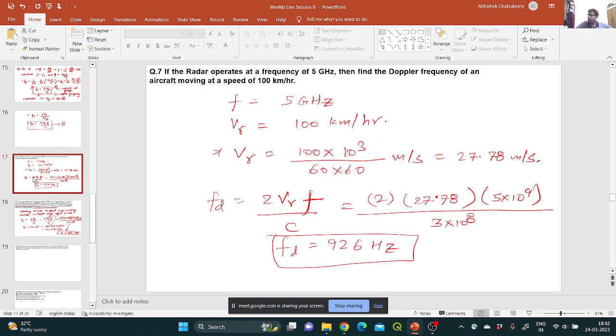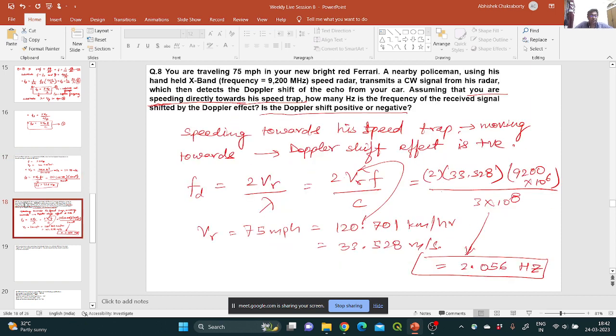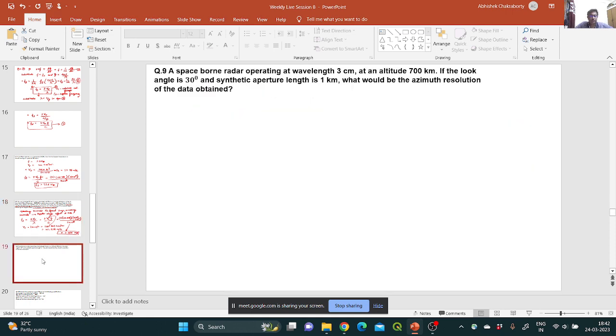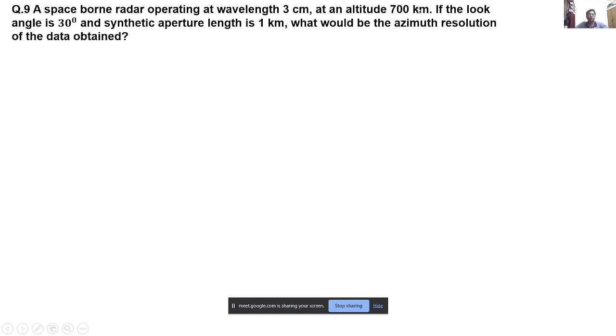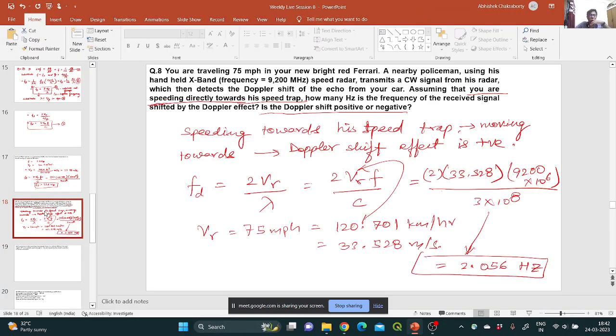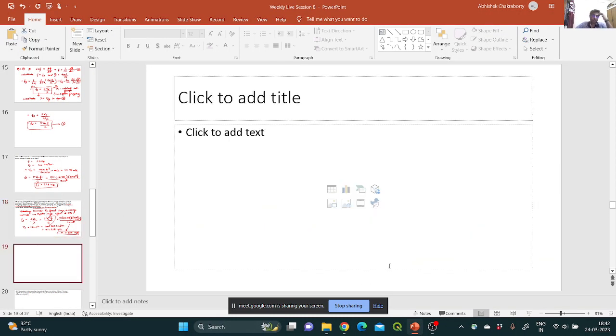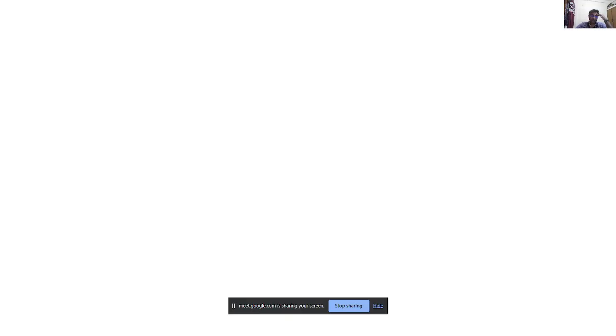I guess no. So I can proceed now. So two very important concepts are ground range resolution and the azimuth resolution.